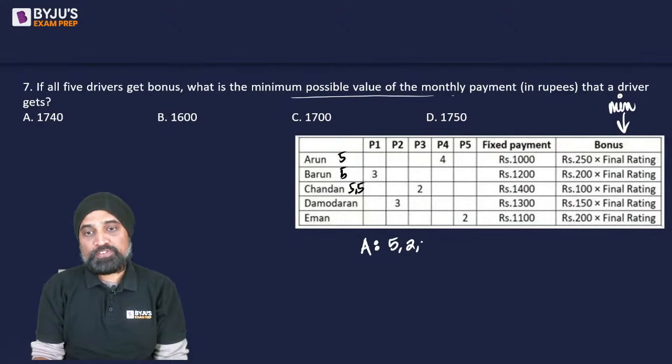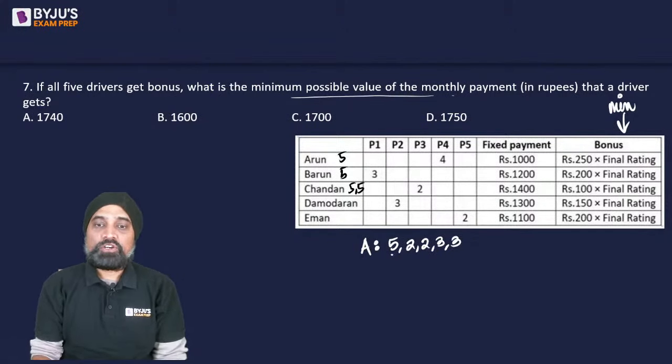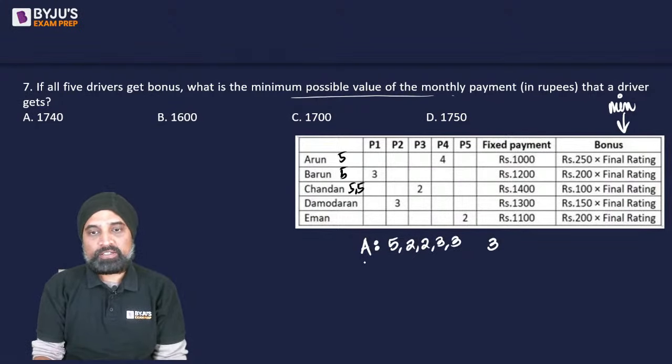That will happen if he gets a 2, 2 and 3, 3, right? So if we find out the final rating, this is going to be 3. So his total money that he receives is 1000 plus 250 into 3, which is going to give us 1750.